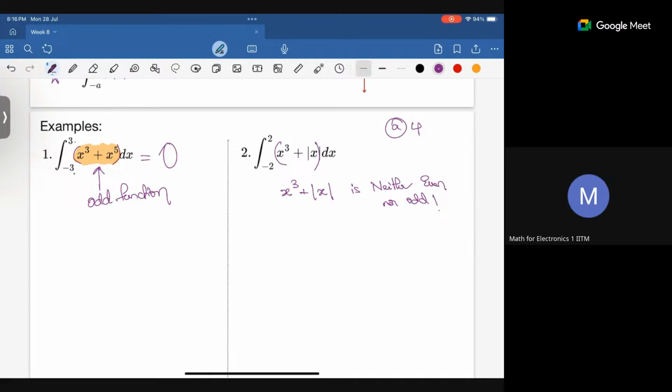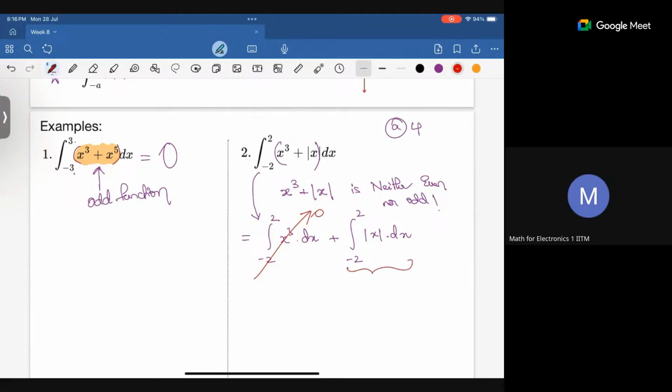So I can use the sum property and split this integral into the integral from -2 to 2 of x cube dx plus the integral from -2 to 2 of mod x dx. The first integral is straight away 0, because x cube is an odd function, and an odd function integrated from -a to a is 0.